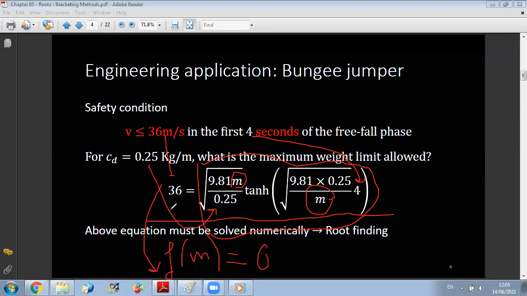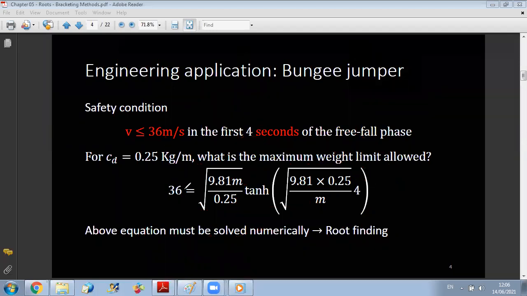I can easily do this by taking 36 to the other side. Or also I can take radical times hyperbolic tangent to the other side. So both will work, okay? The important thing is that I get an equation that is equal to 0. So here, for example, if I take 36 to the other side, I will get 0 equals radical times hyperbolic tangent minus 36.